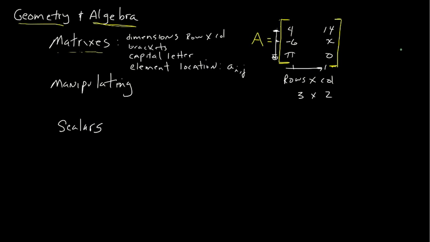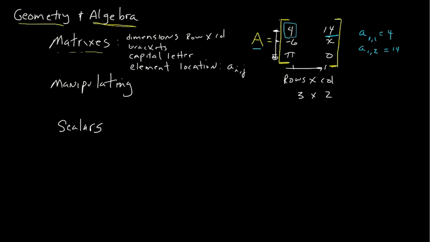And then each element inside the matrix has an identifier. So this is matrix A. Each element gets a small letter a, and for right here, its location would be first row, first column. So a(1,1) would equal 4. a, first row, second column, would be 14.